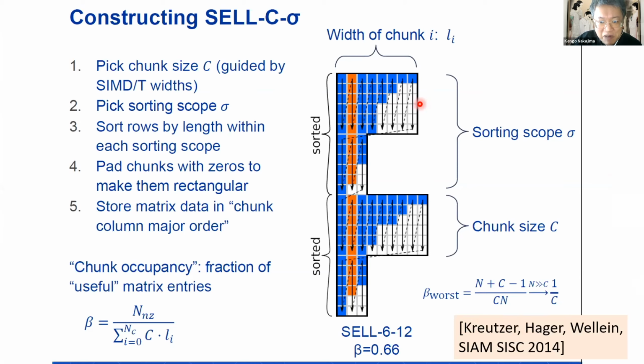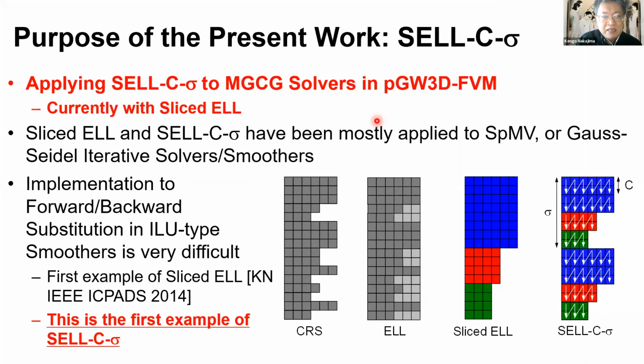This is the idea: we extract small-length vectors, 8 or 16 according to the SIMD size, and apply local vector computing. The purpose of the present work is applying SELL-C-sigma to the MGCG solvers in this application.